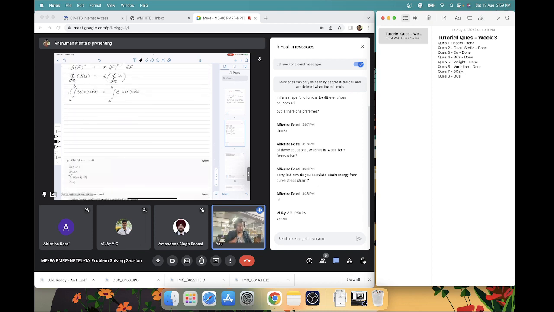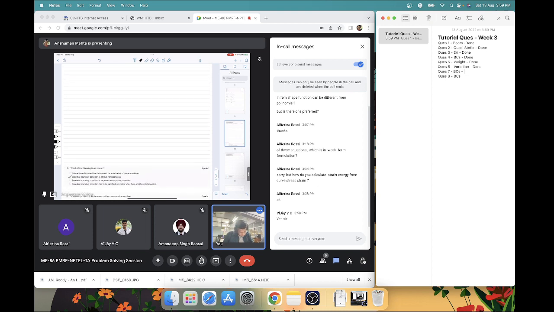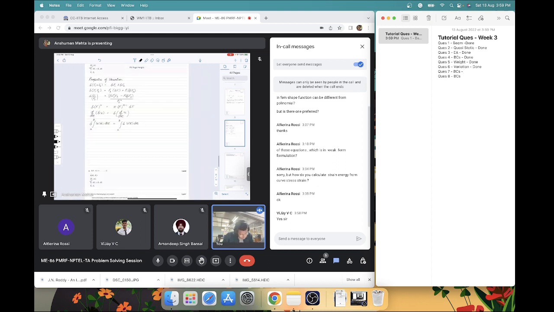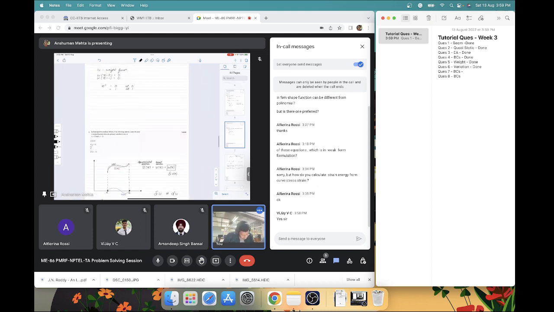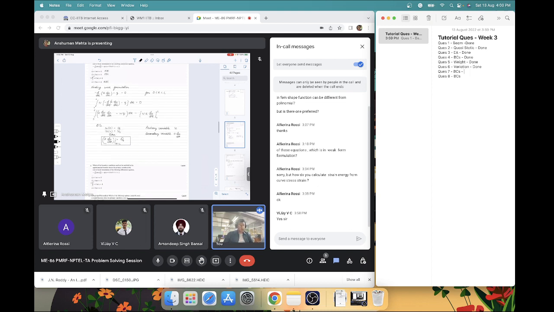Now question 7: which of the following is not correct? First, the natural boundary condition is imposed on the derivative of the primary variable. As you have seen in the previous question, this was our natural boundary condition, and as you can see, it is imposed on the derivative.